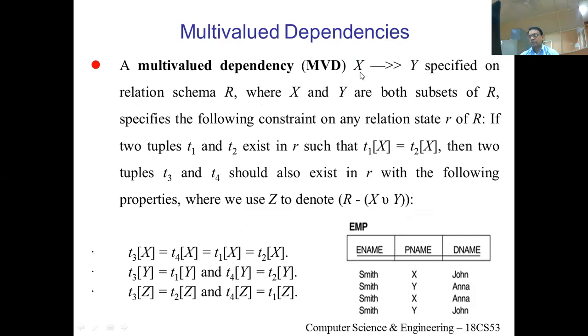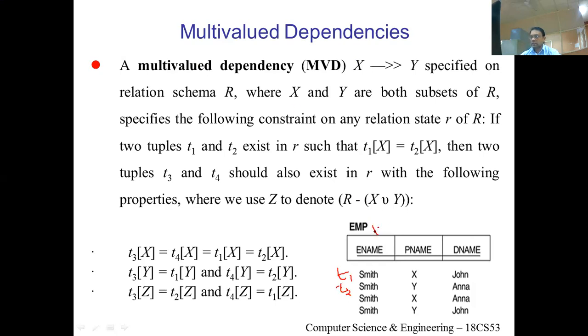If we have a multi-valued dependency X multi-determines Y, that will be specified on the universal relation schema R, where X and Y are subsets of R. That specifies the following condition on the relation state of R: if we have two tuples T1 and T2 in R with T1 of X equal to T2 of X, let's take this as T1 and this as T2.